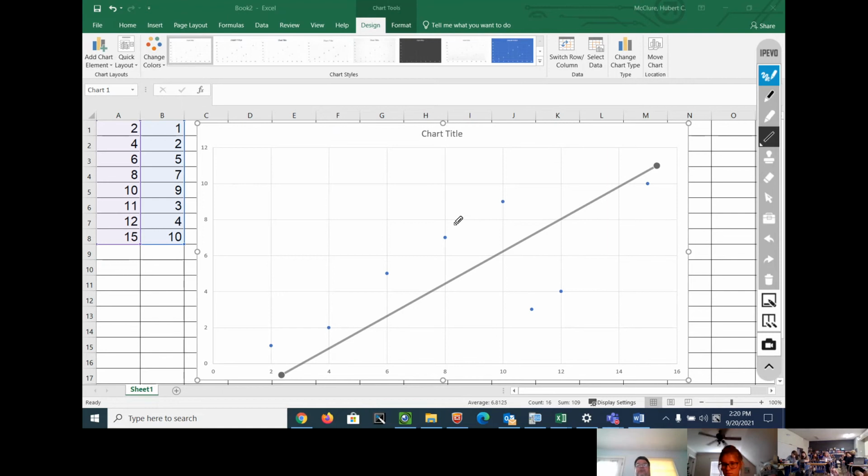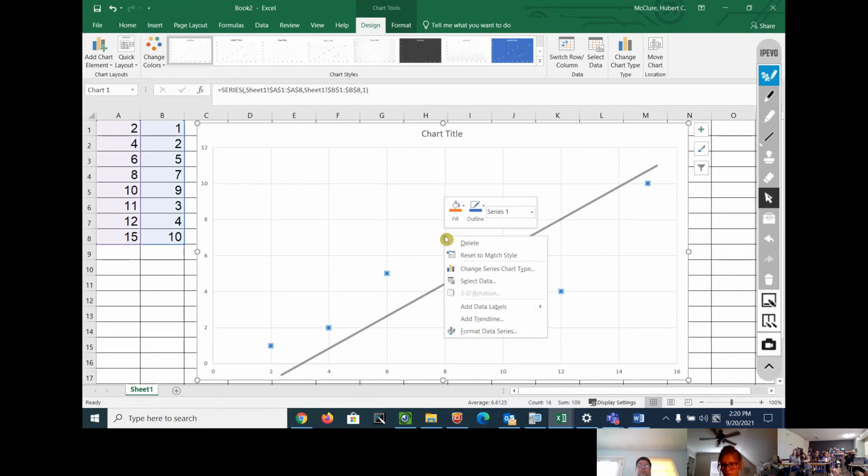Okay. Now this is the way you do it with your Excel spreadsheet. Right click on one of the dots. Right click on one of the dots, and hit add trend line.